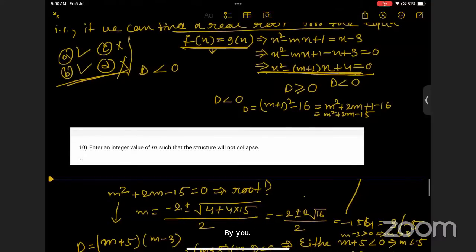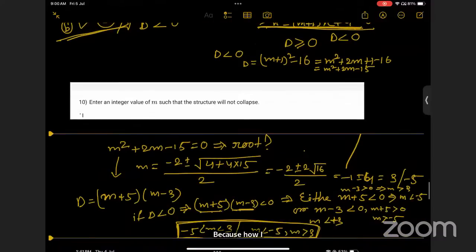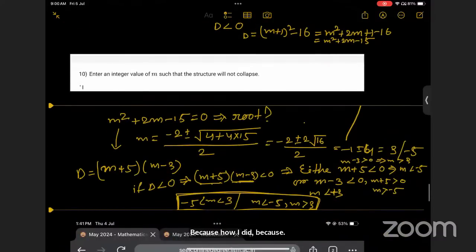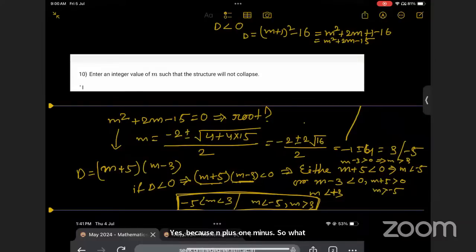Because what I did is m plus 1 squared minus 16 is less than 0, so I took 16 that side, then m plus 1 is plus or minus 4, so taking 1 that side it becomes minus 3 and 5.